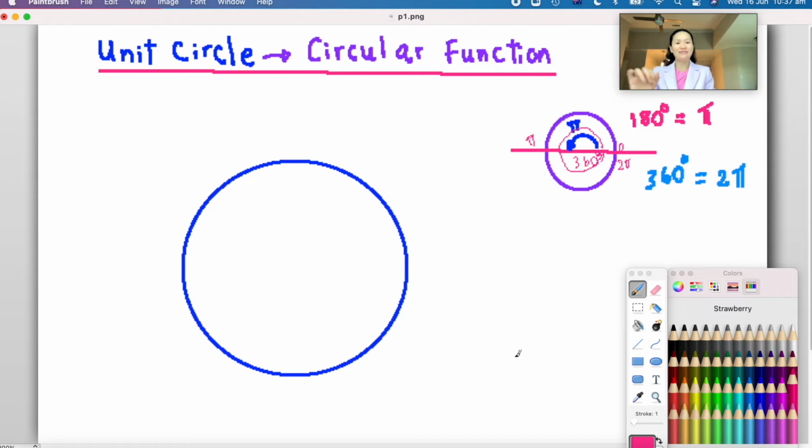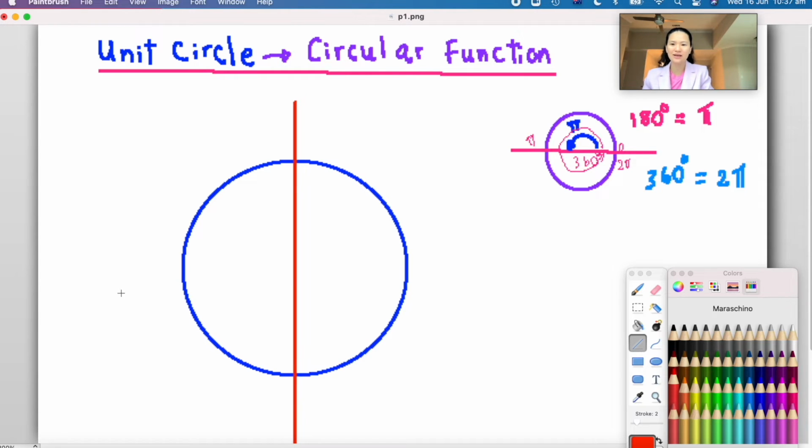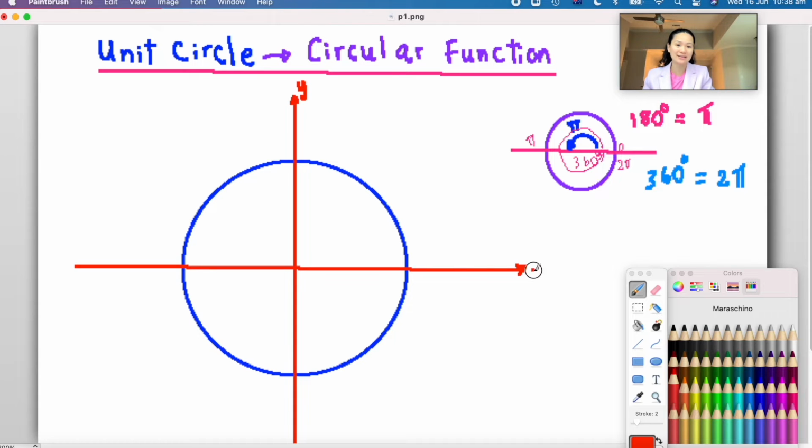Okay. Let's say now we're going to draw the unit circle with the link to circular functions together. Alright, let me put a line here for us. Yep, and another one could be here. Yes, and of course, this one is y and x.